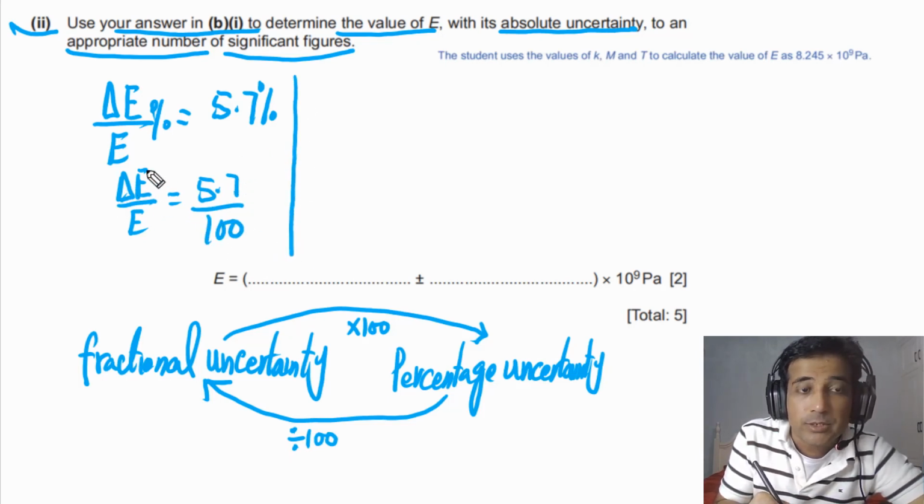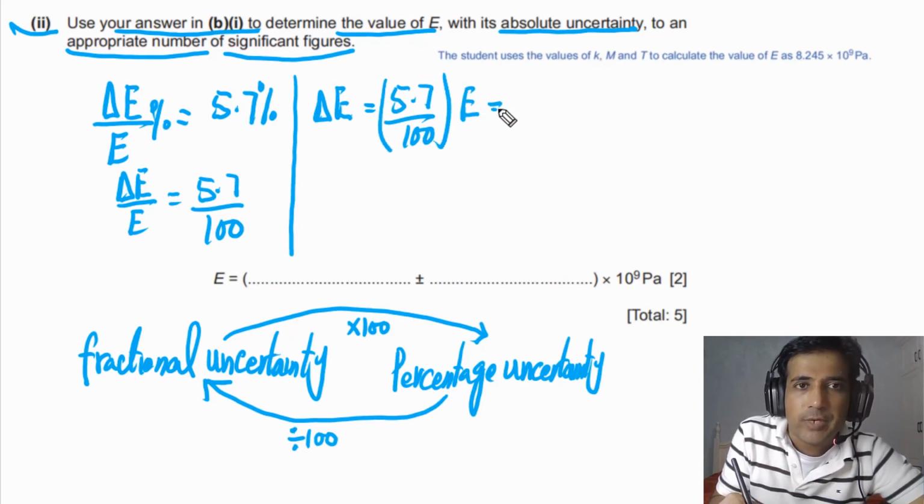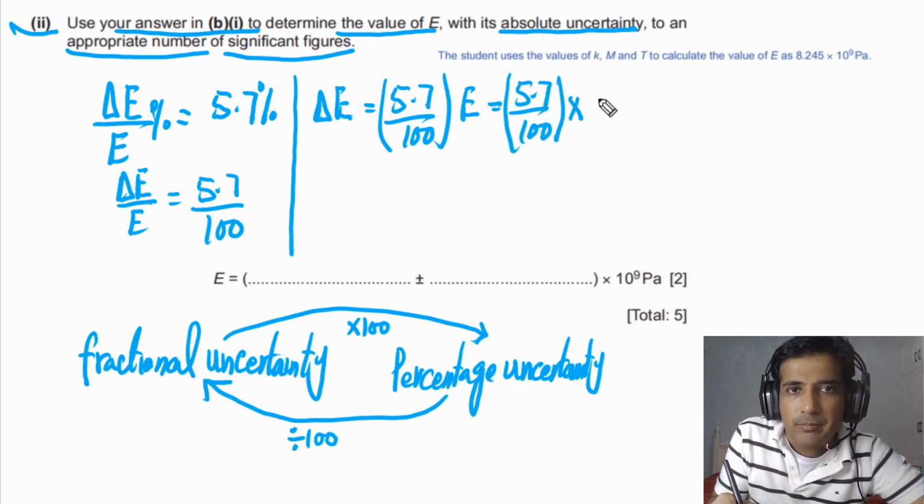We need to calculate delta E. Delta E is absolute uncertainty. In order to calculate delta E, we can write 5.7 divided by 100 multiplied by the value of E. Value of E is given in the question: 8.245 times 10 to the 9.